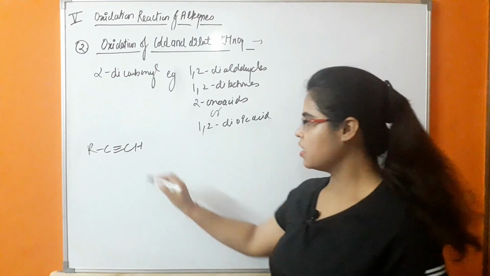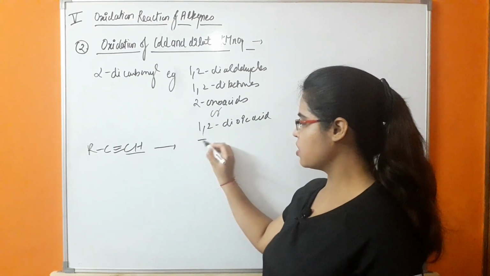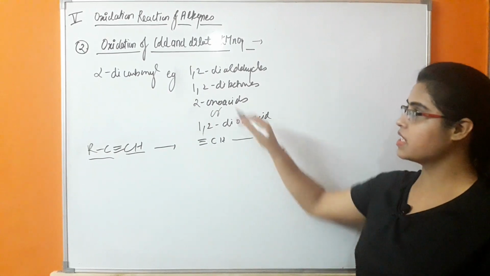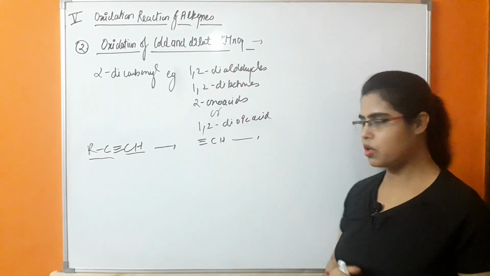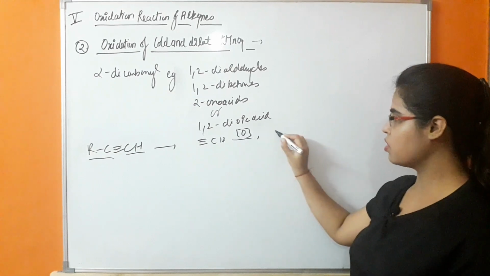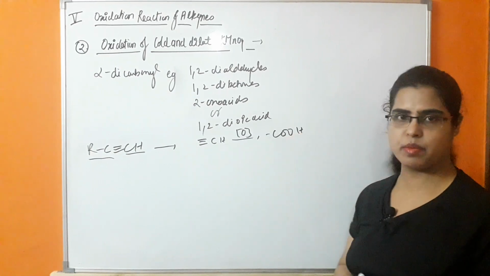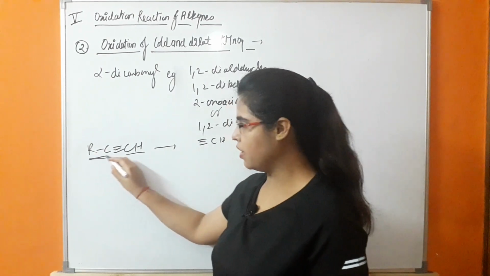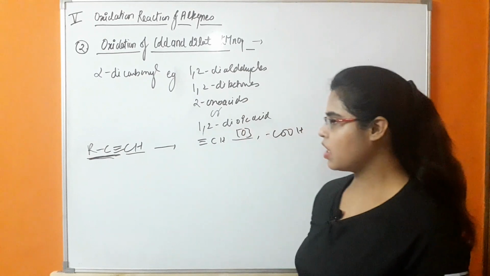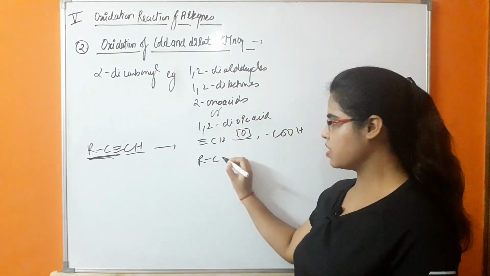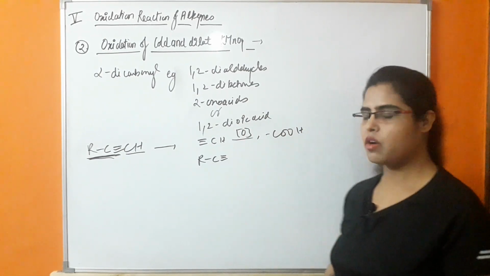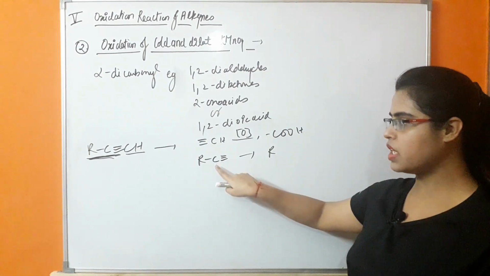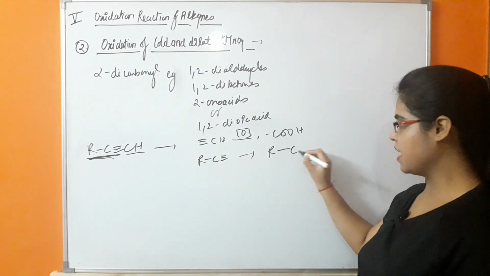In this case, the CH part which is triply bonded will oxidize in the presence of cold dilute KMnO4, and there is formation of COOH. So carboxylic acid will be formed, whereas the RC triple bond part will oxidize to a carbonyl compound. It means there will be formation of C double bond O.